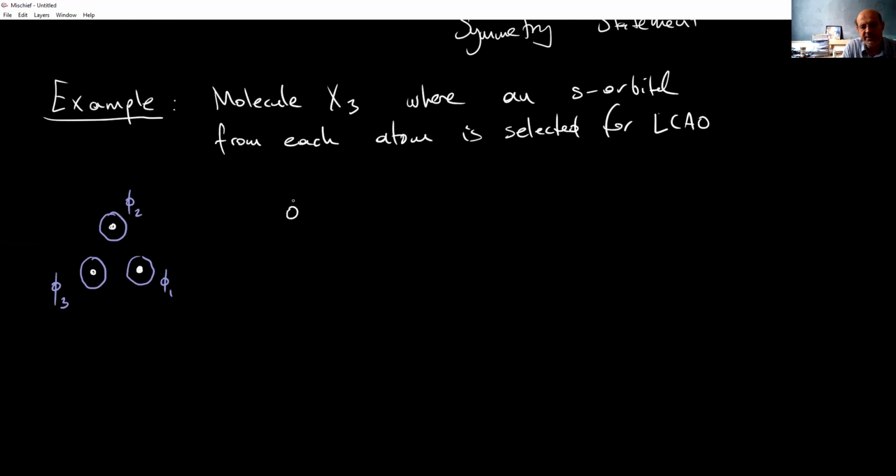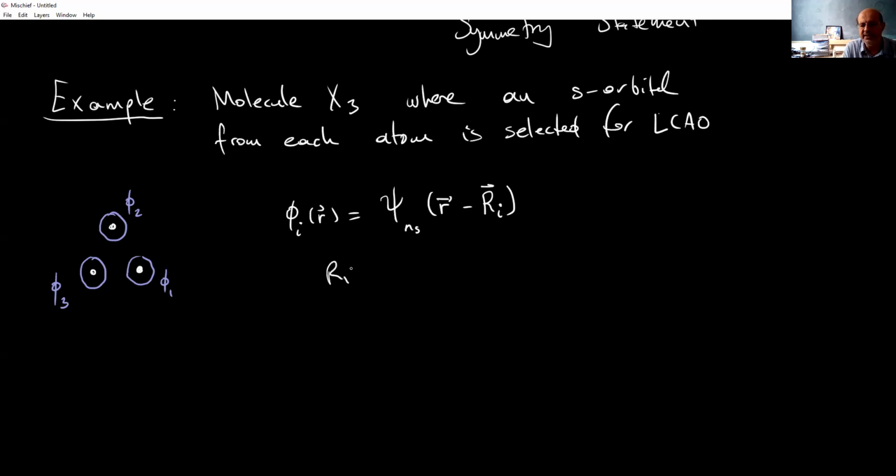So let's say it like this. Phi i of R is basically defined as the ns wave function of an atom. But I'm just going to take this as the s wave function of the atom i.